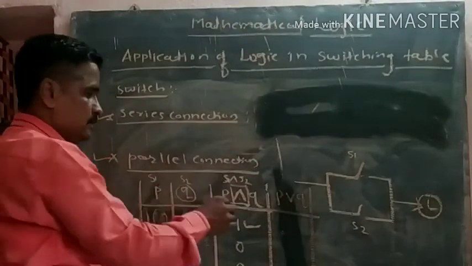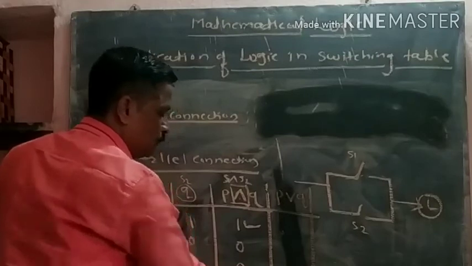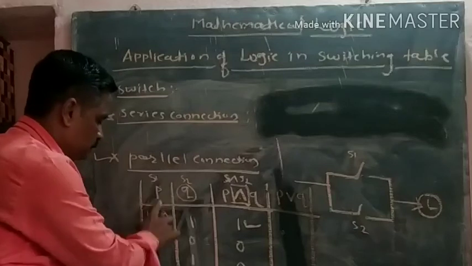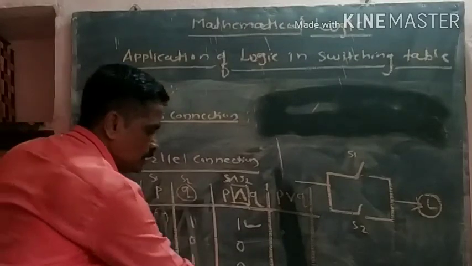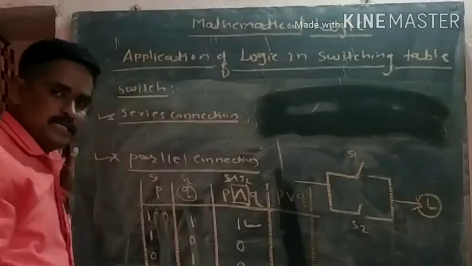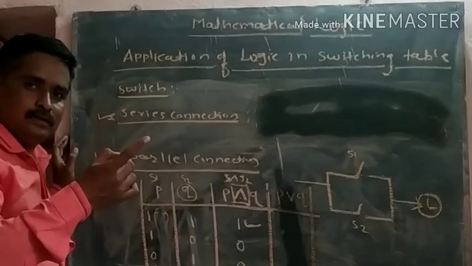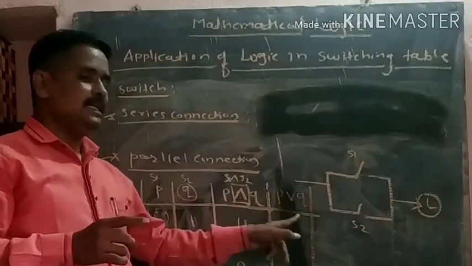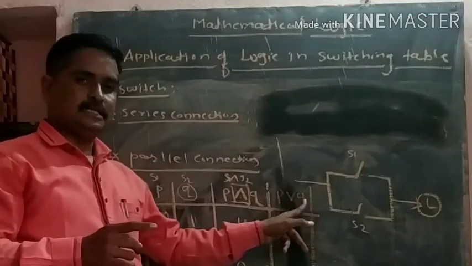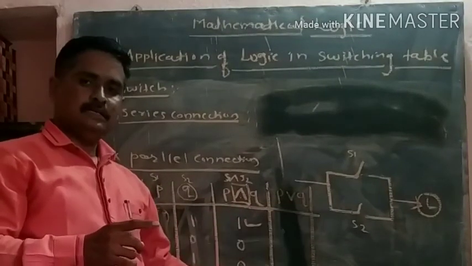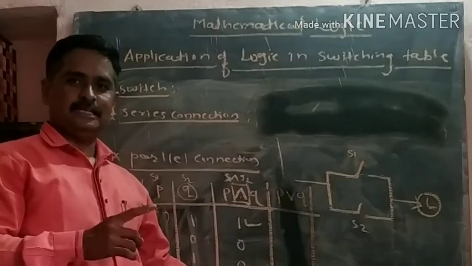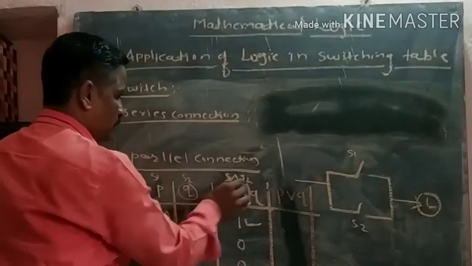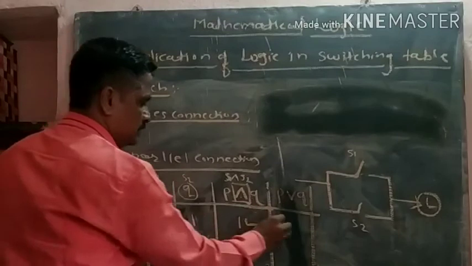In a disjunction there is only one F, that means both are F. That means P is 0, Q is 0, then it is 0, taking 0 as F and 1 as T. So we have the table for P disjunction Q: P is 1, Q is 1, then it is 1.